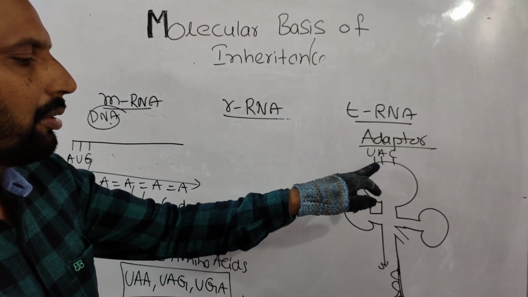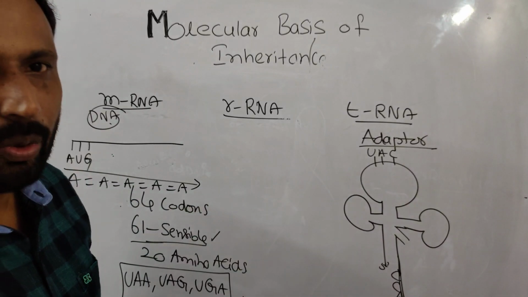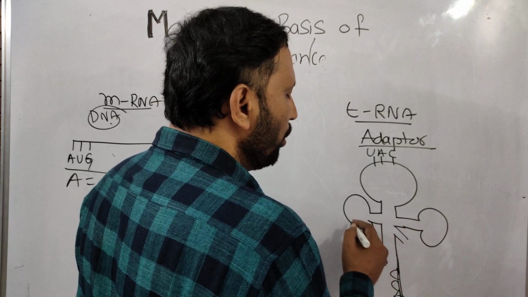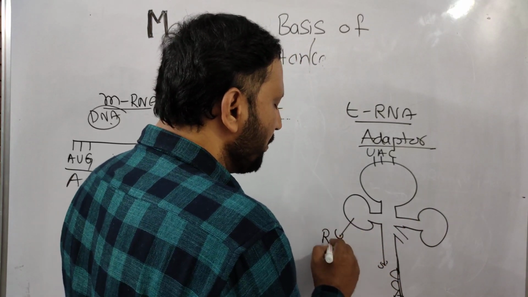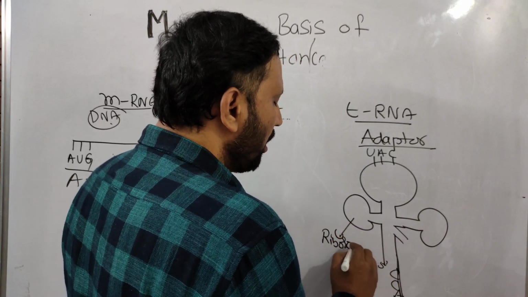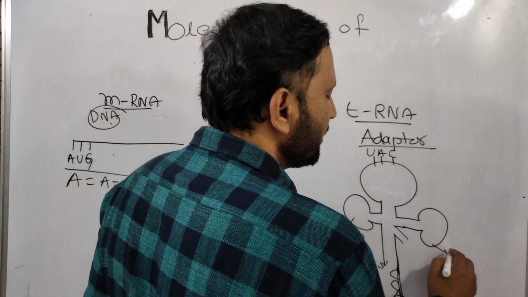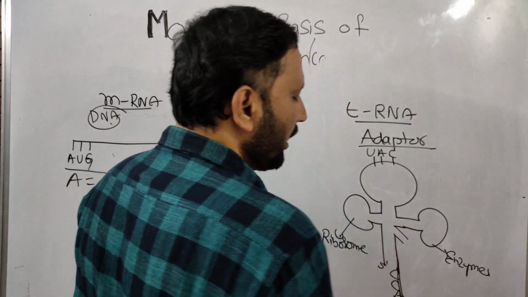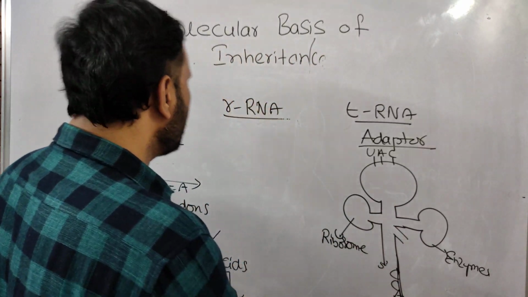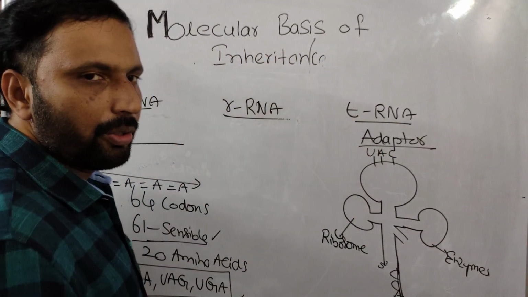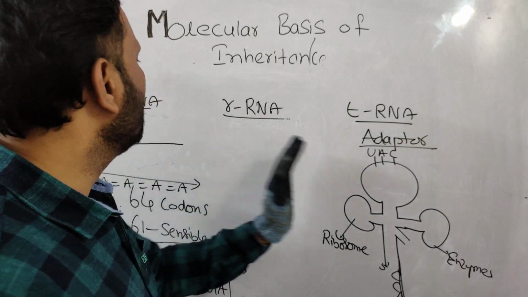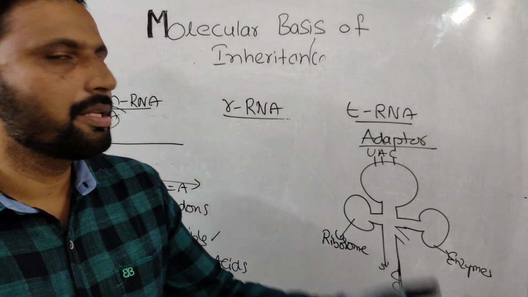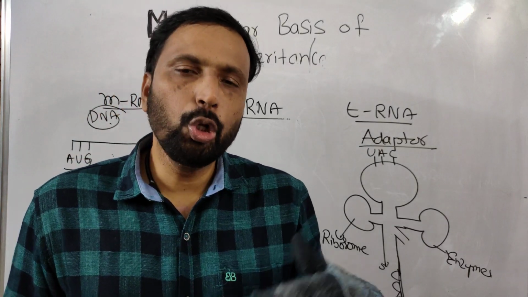So opposite to the tail, the anticodon is present. On either side of the anticodon loop, one loop recognizes the ribosomes and another loop recognizes the enzymes. So the tRNA brings the amino acid to ribosomes for protein synthesis. So mRNA, rRNA and tRNA. Later on we will discuss nucleosome.